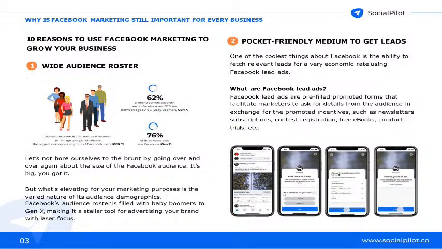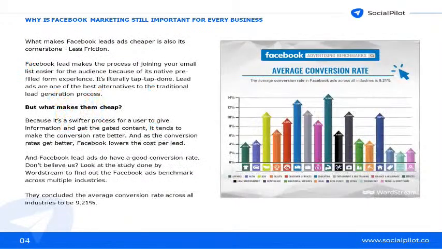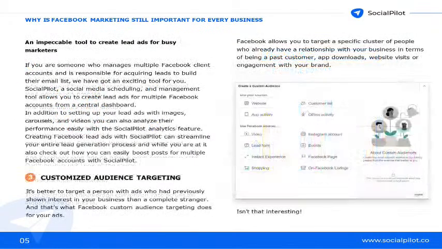The third reason is customized audience targeting. When you are using Facebook, you can customize your audience targeting. I can decide that, because I'm staying around Ikeja, I want to customize my audience to the people living around Ikeja.